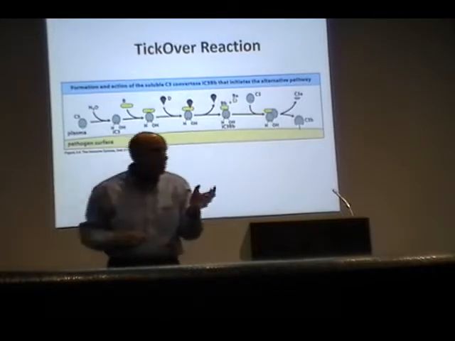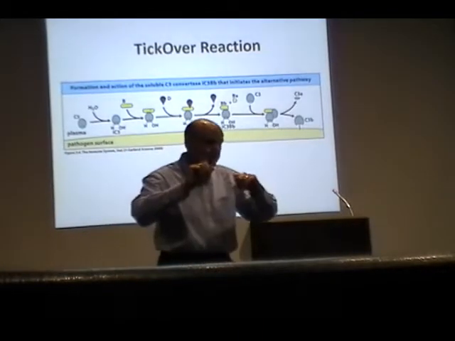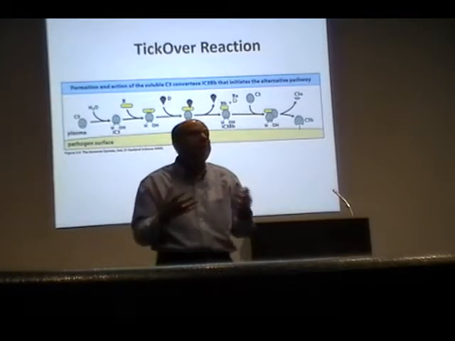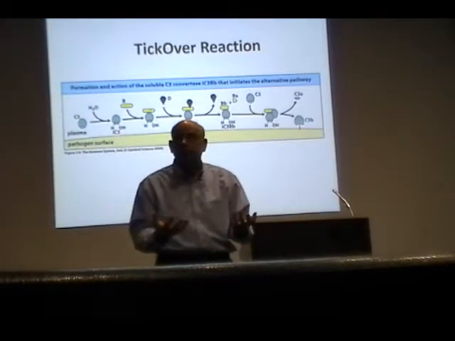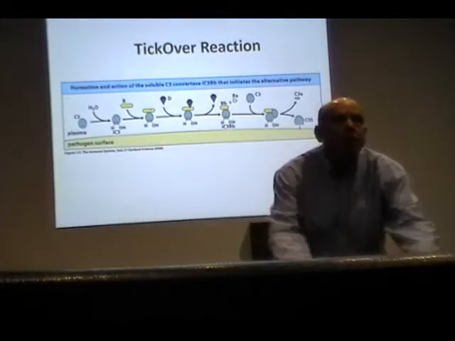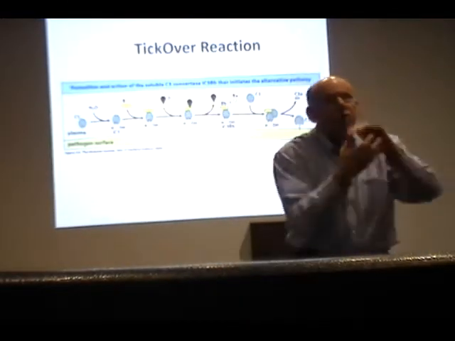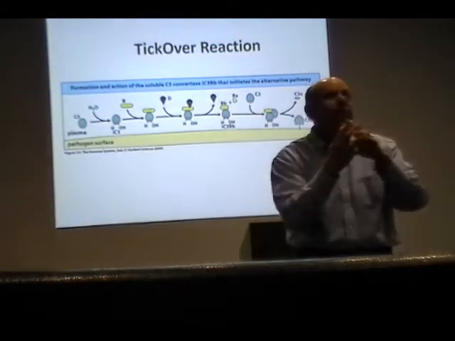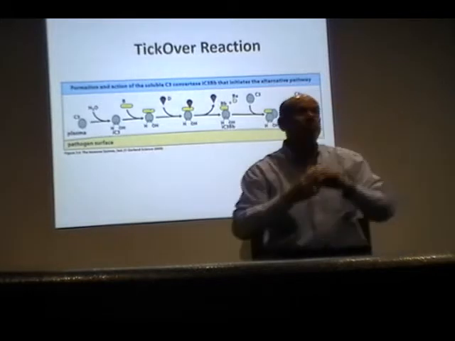When that thioester bond is revealed, when C3 is breathing, that thioester bond wants to nucleophilically attack something. Okay? What do you mean exactly by breathing? The structure is changing. It's flexing. Maybe flexing is a better word.